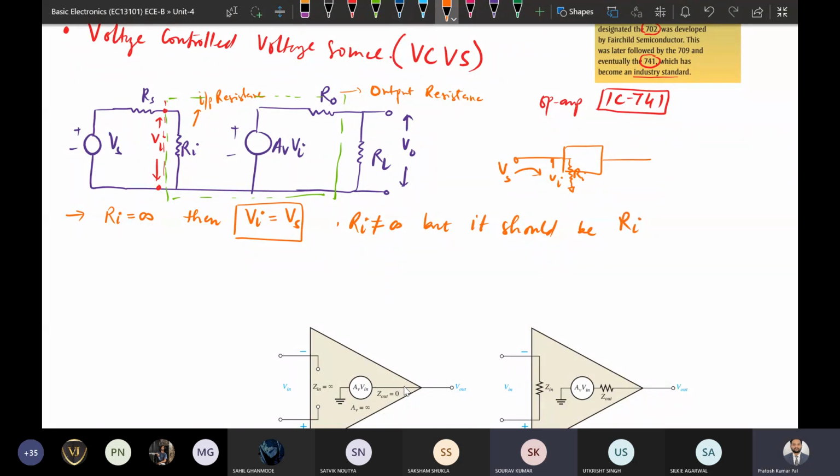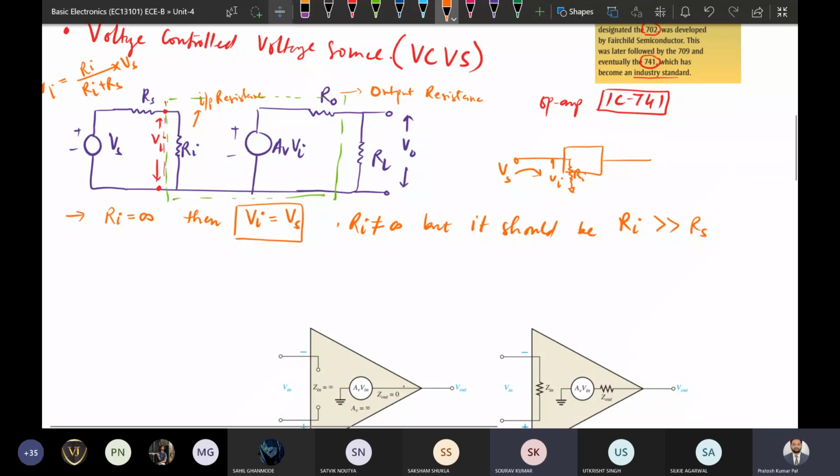In another way, we can see it from this part. If we want to calculate the voltage across this Ri, it will be Ri divided by Ri plus Rs, multiplied by Vs. This would be your input voltage.